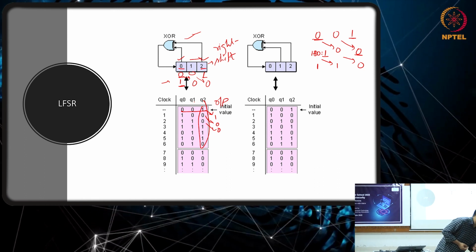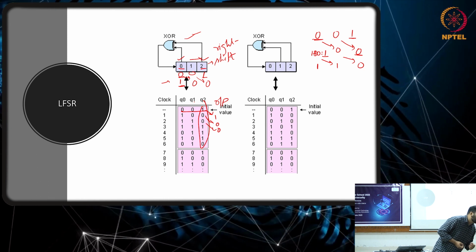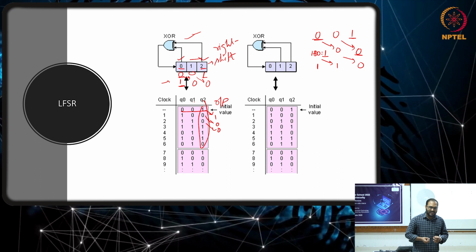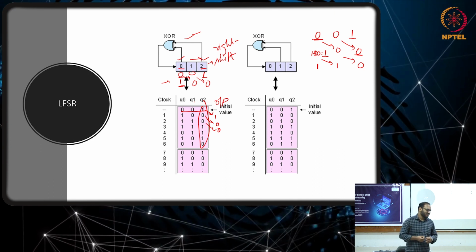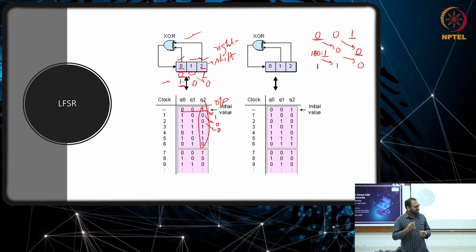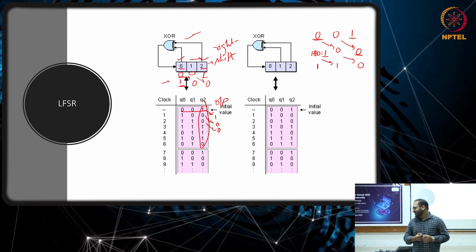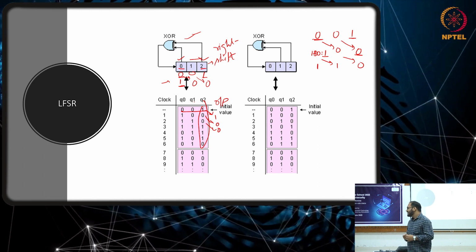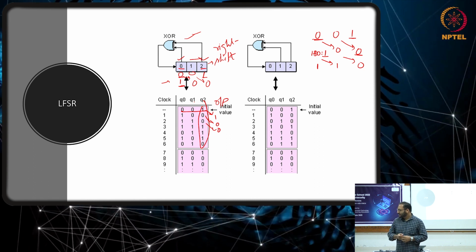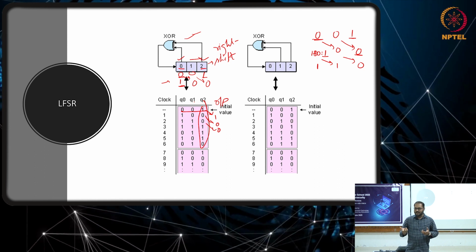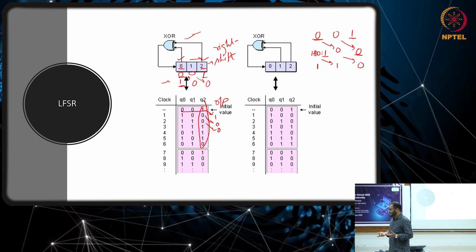Sorry? Shift left. Okay, that I can't answer you. That you'll have to ask the person who started this. Shift left. Sir, any idea? Same thing, but why don't we take shift left?